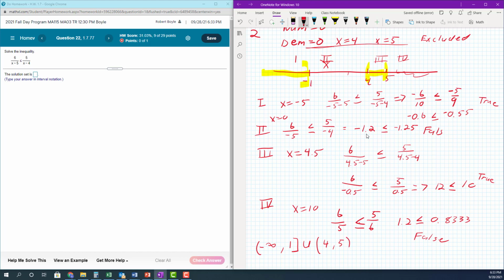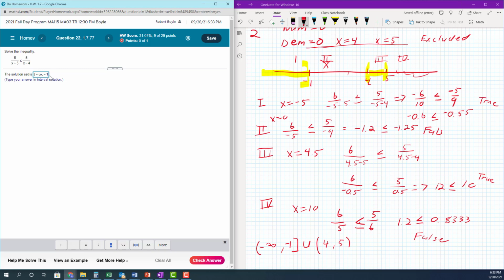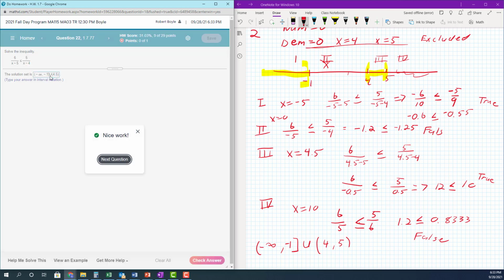And let's see if that is right. Bracket, and then for the union I can do backslash cup, C-U-P, and then we're going to have parenthesis 4 comma 5. And there we go. That's how that one works.